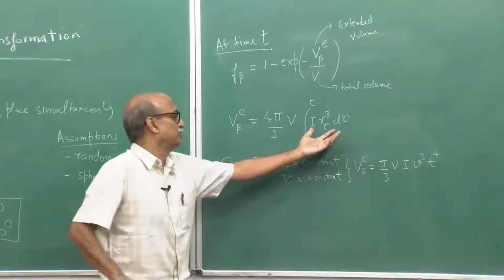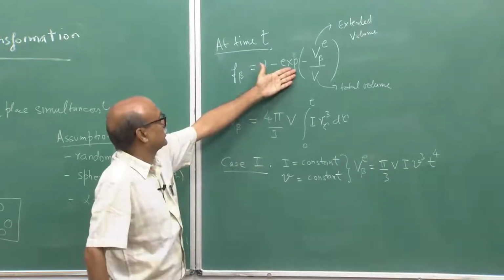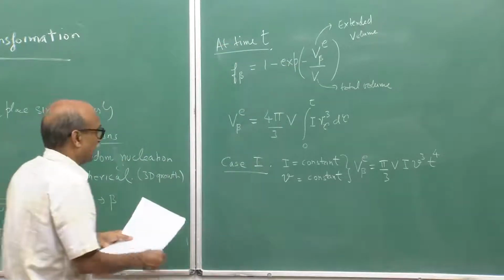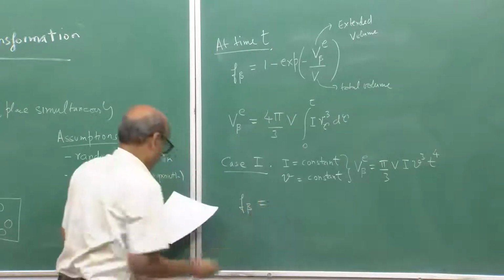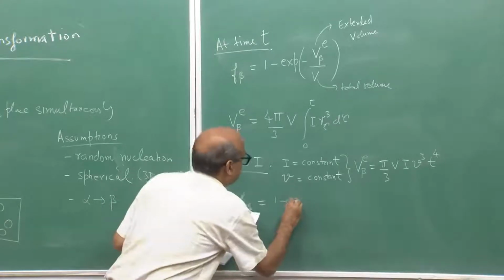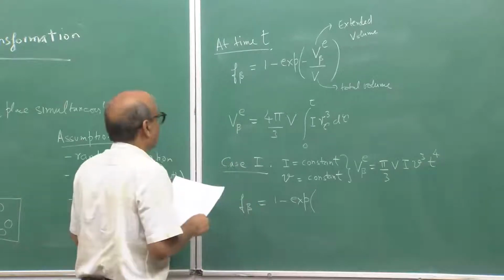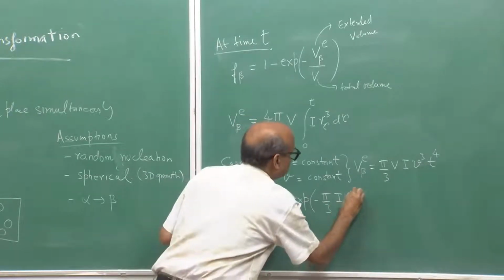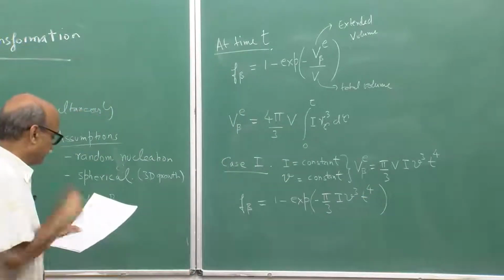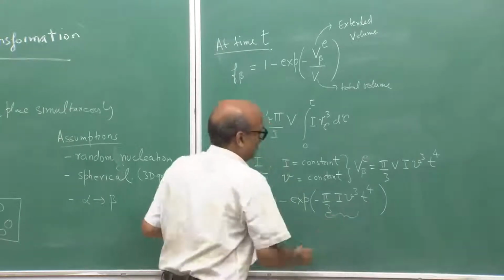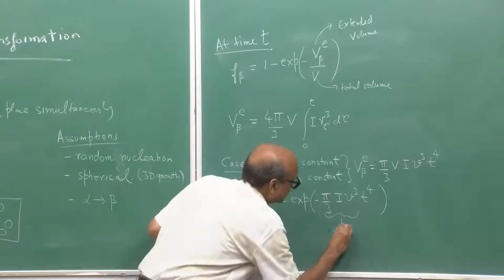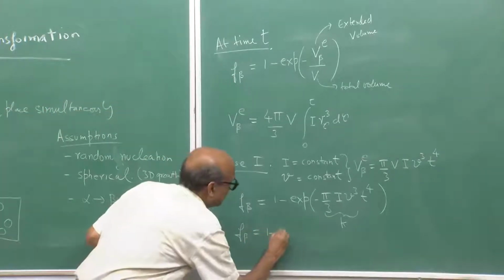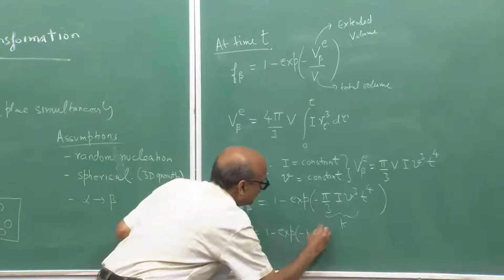If we take this, plug this into this expression f beta and compute what would be f beta, then f beta simply turns out to be 1 minus exponential of minus pi by 3 I times v cube times t to power 4, where pi by 3 I and v cube, as you can see, these are constants and they can be lumped in one single constant k, and hence f beta, the fraction of beta transformed at time t, is given by 1 minus exponential minus k t to power 4.